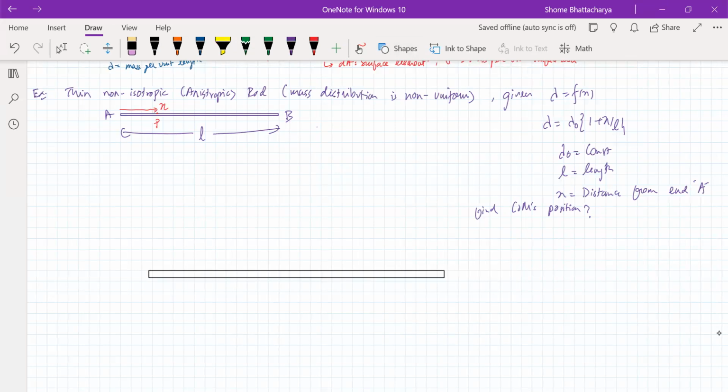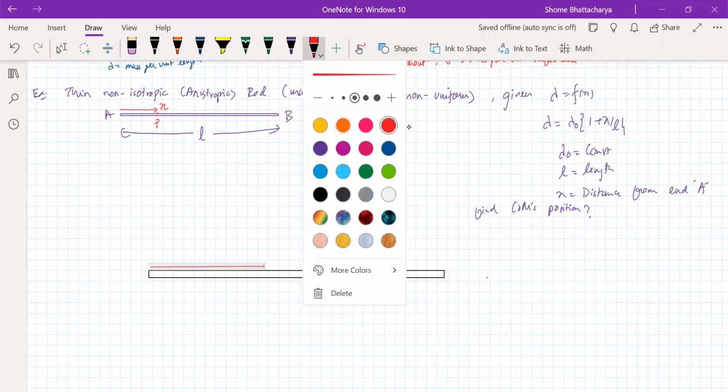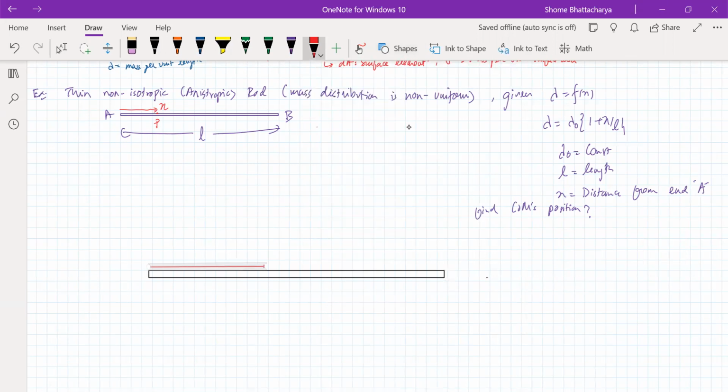Making a more detailed diagram. So what we'll do is, at some distance x from this end, we will imagine that we have sliced a thin section of the rod whose thickness is dx.